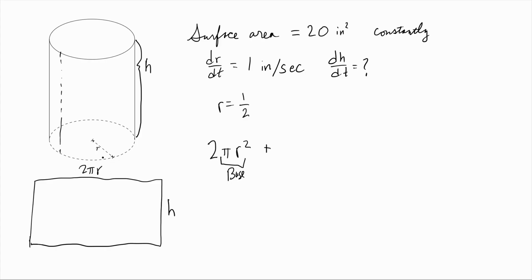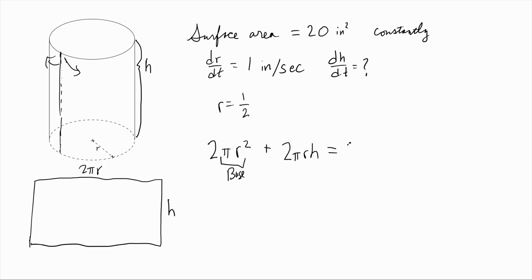Because that's the circumference of a circle, and that's going to be the length when we cut this right here and unwind it, pull it out, stretch it out, you get a nice sheet. Circumference of the circle, 2 pi r, and an h. Multiply them together, you get 2 pi r h, and that's going to be equal to 20.